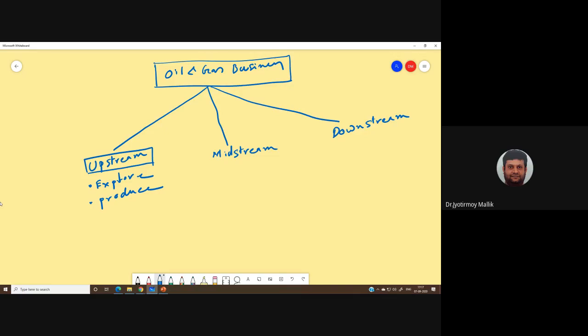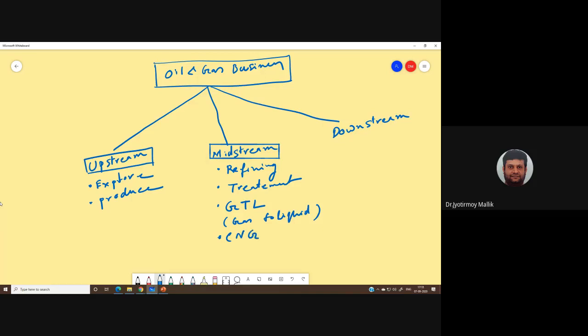Then midstream is where refining takes place. There are plenty of big refineries; I'm sure you have heard their names. Then sometimes refining and treatment. You heard about GTL, I'm sure. GTL means gas to liquid. And this is the place where compressed natural gas is also produced.